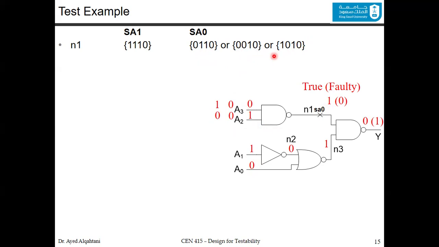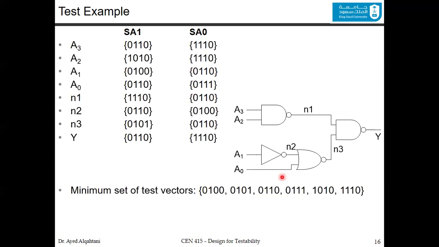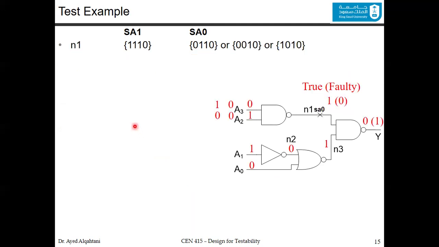If you do this test, stuck at 0 and stuck at 1, for all of the nodes, you can collectively get the set of test vectors that can cover the whole test story. So we actually did that, but I didn't check or mention all the details. For node N1, we did the stuck at 0 and stuck at 1, and we chose one of these 3 for the stuck at 0.